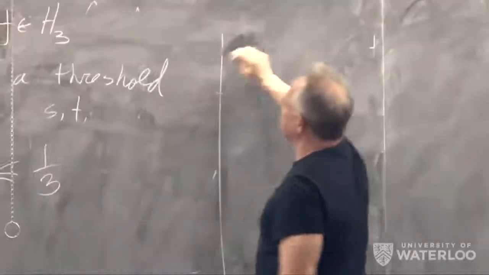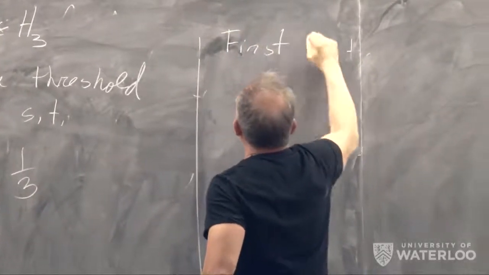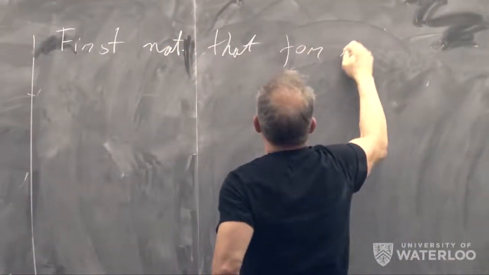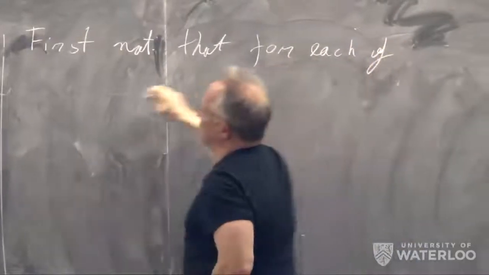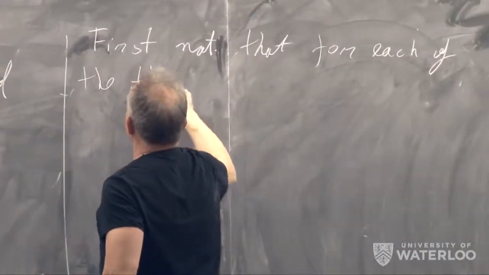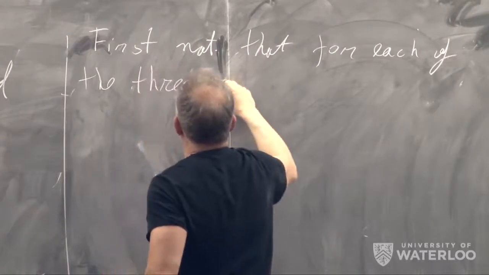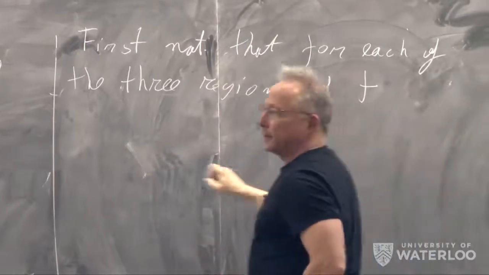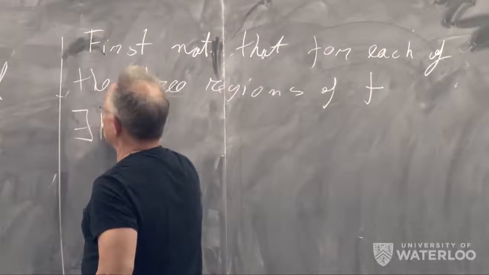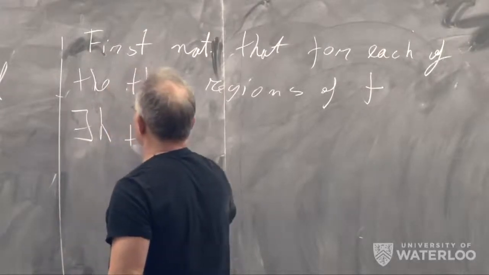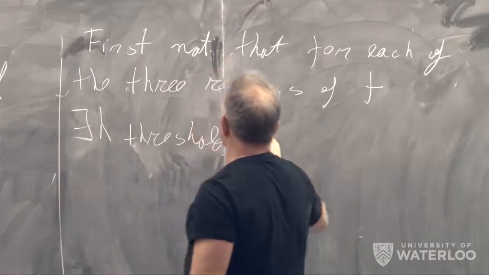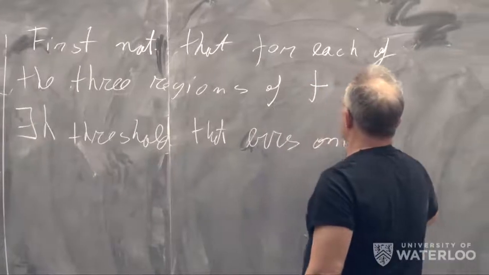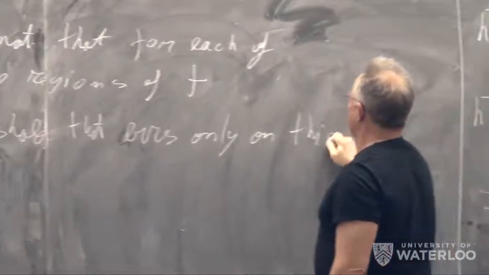The claim first: note that for each of the 3 regions of f, there exists some h, which is the threshold, that errs only on this region.